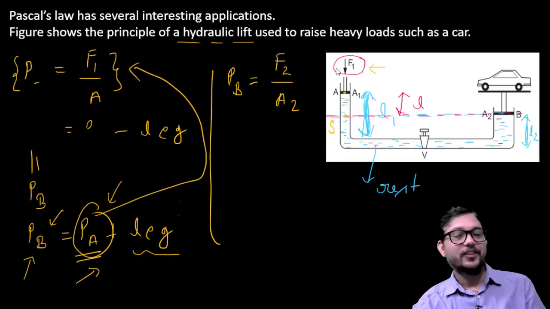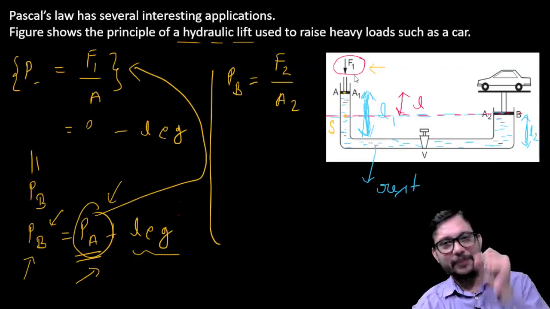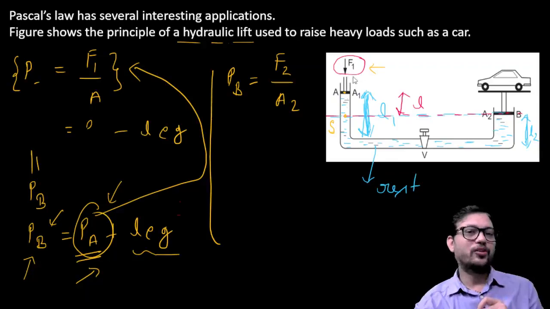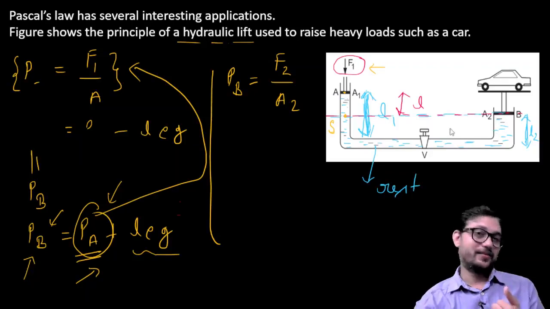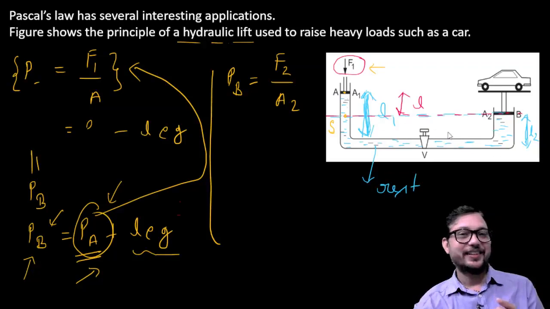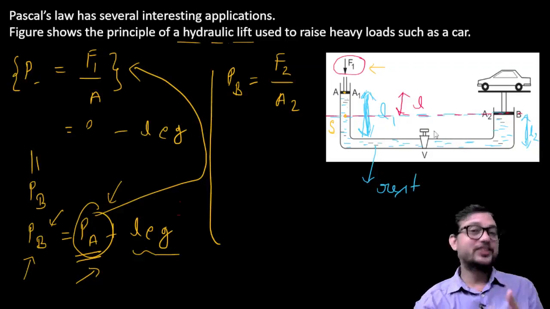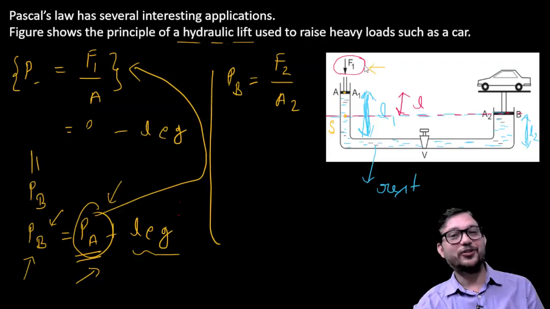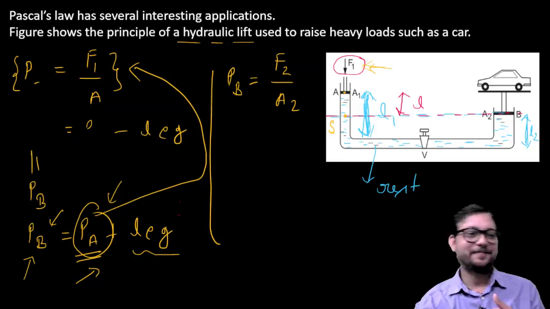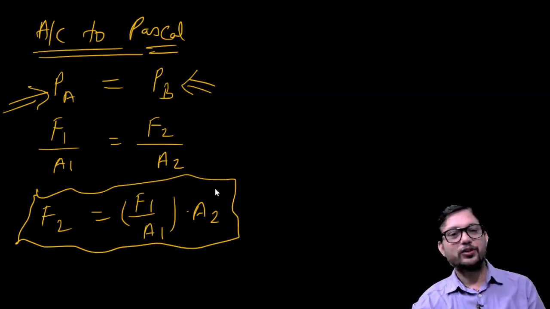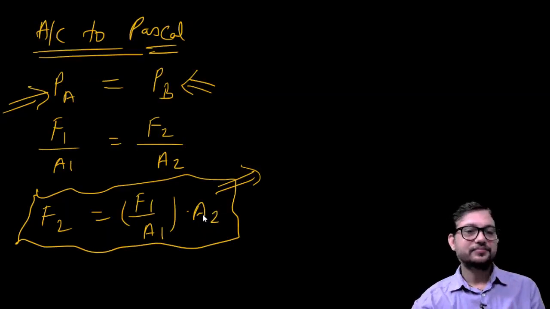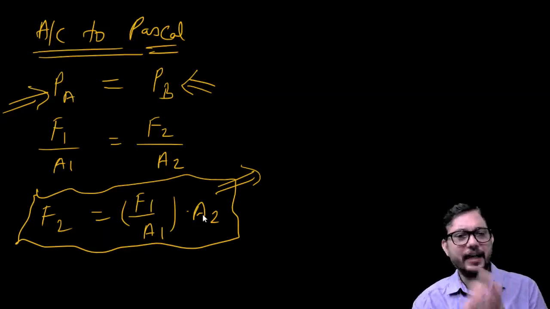And that's why, by applying a very small amount of force, one can easily lift a car. You can imagine a car has quite a lot of weight compared to the force applied by any person. This is a very interesting result. You can also calculate it from the final formula we have here.